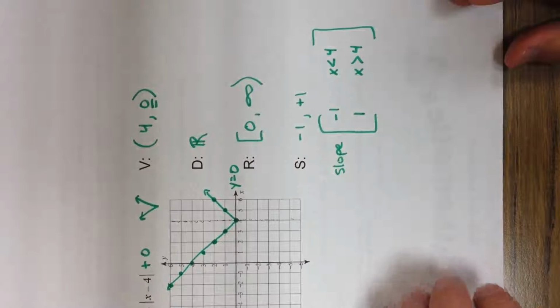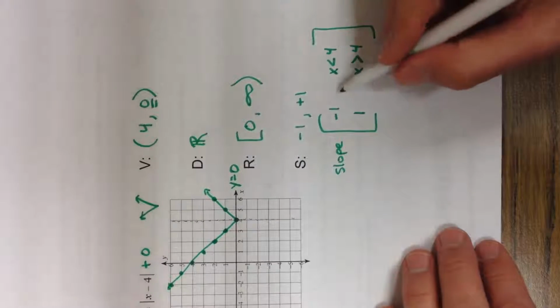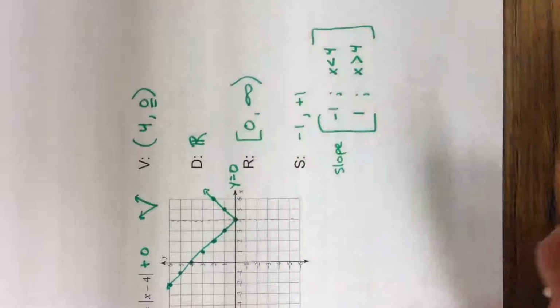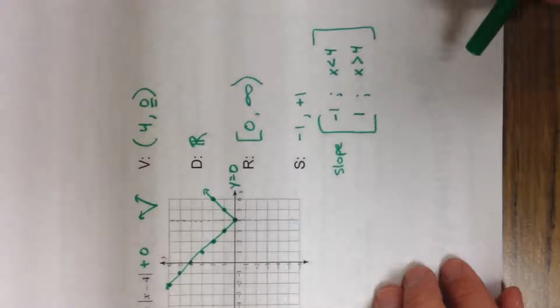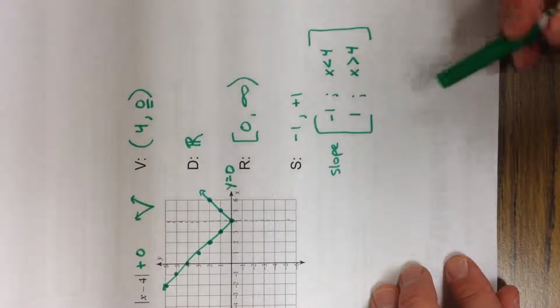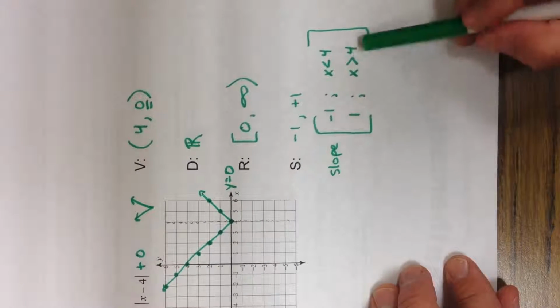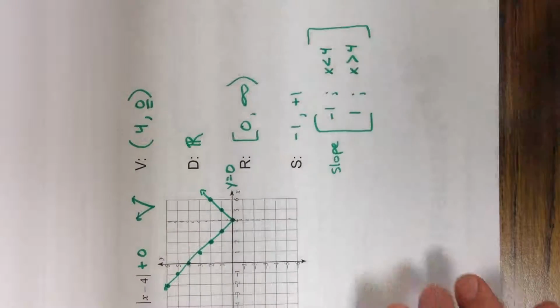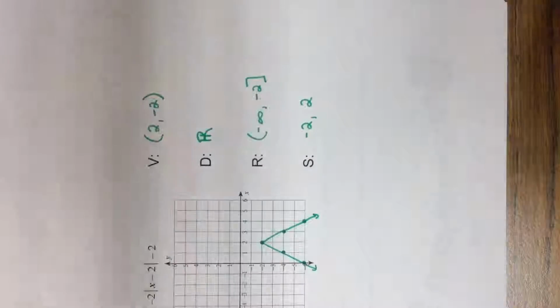So that's just a little bit more technical way of writing and showing the user, hey, when it's less than 4, it's negative slope, and when it's greater than 4, it's positive slope of 1 to 1.